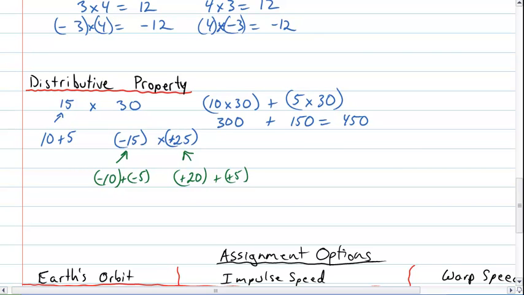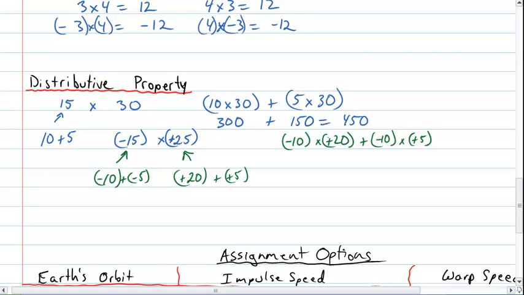Now we're going to distribute this throughout. We'll start with negative 10 times positive 20, plus negative 10 times positive 5.